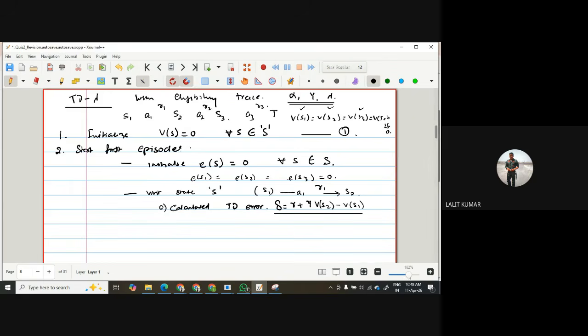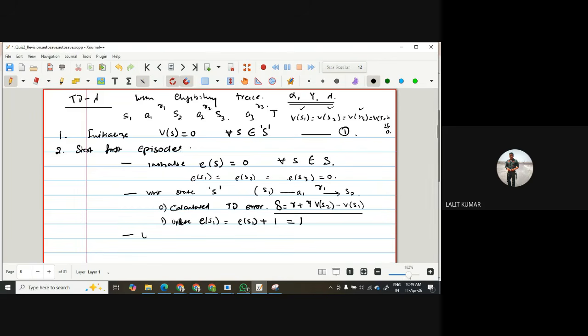Then update your E(S): E(S1) equals E(S1) plus 1, which is 1. Remember this chronology, it is very, very important.